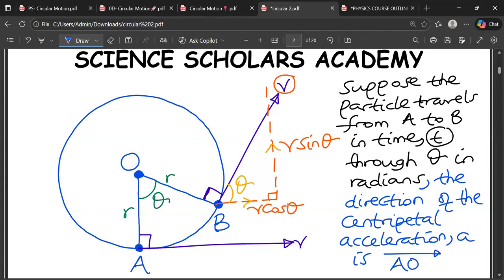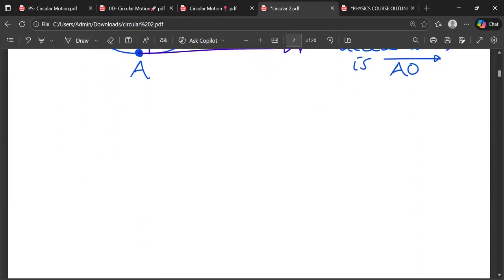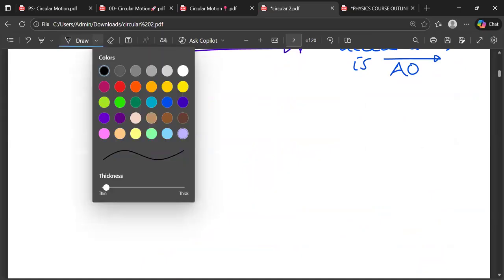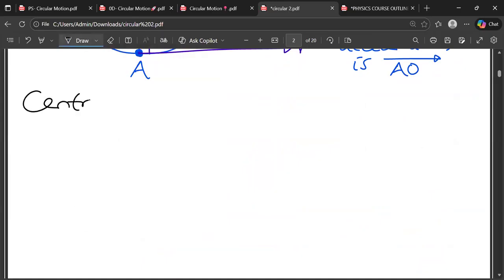I think people can see that AO simply means that we are acting towards the center because our center is O. So it should be A to O, and O is the center, so it's towards O, like that. Now, very fast, what can be our beginning formula? If at all you get this first formula is what takes us through the derivation.